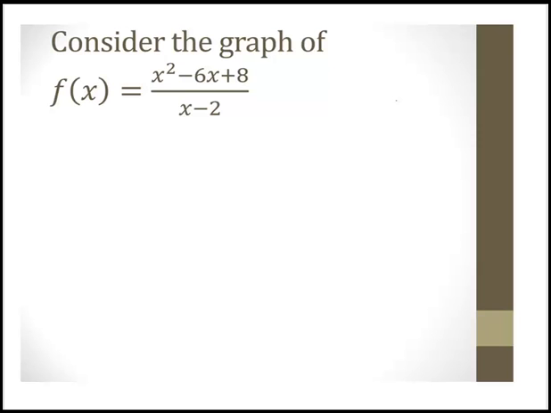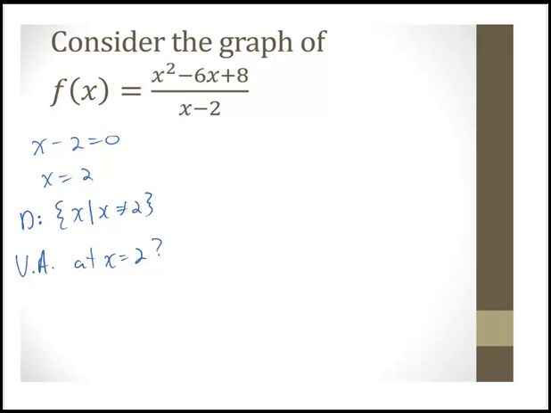Here we have x squared minus 6x plus 8 over x minus 2. So we know that if x minus 2 equals 0, that implies that x equals 2. So we know for the domain that x cannot equal 2. And, well, should we expect a vertical asymptote at x equals 2?